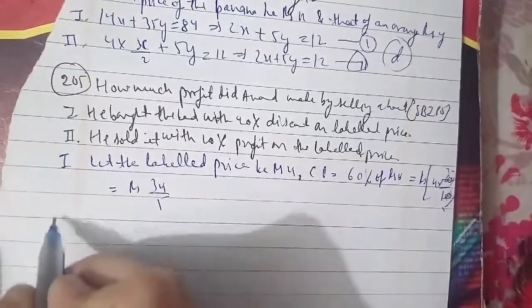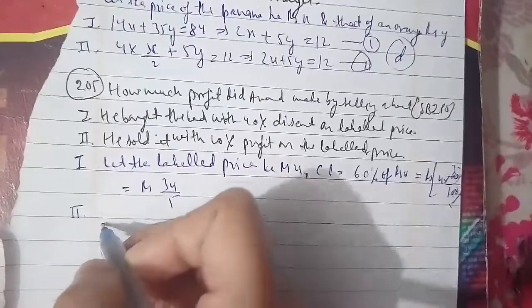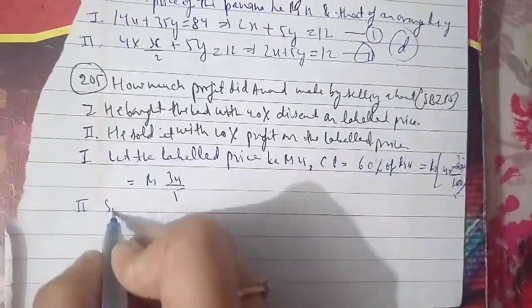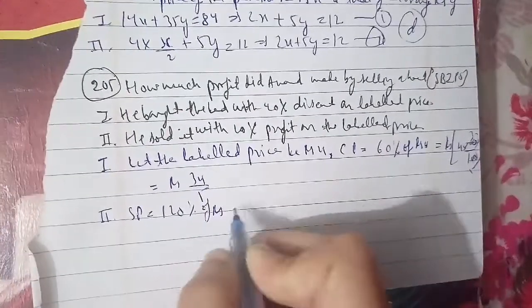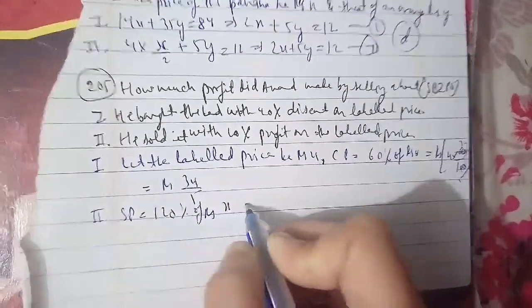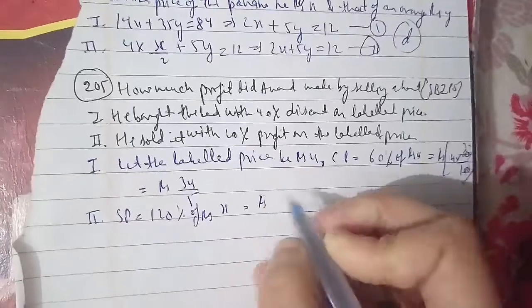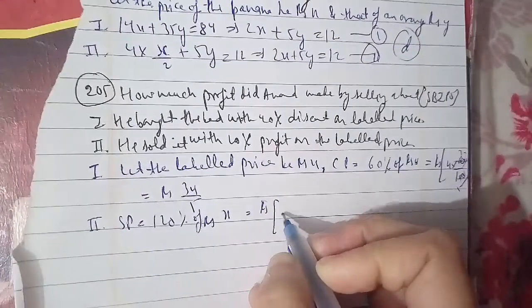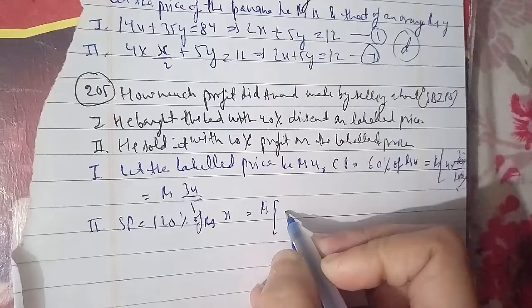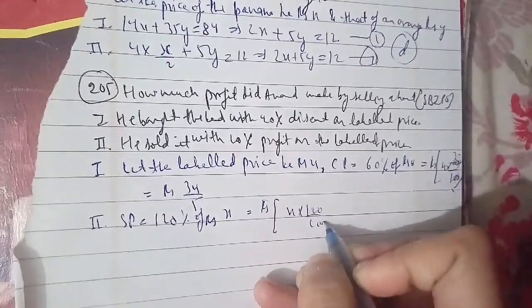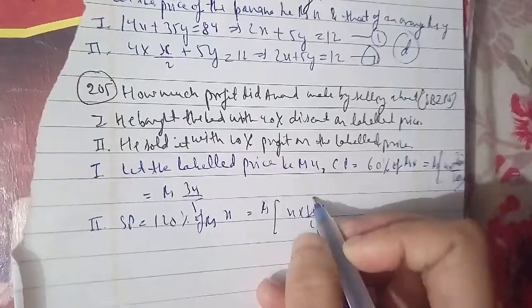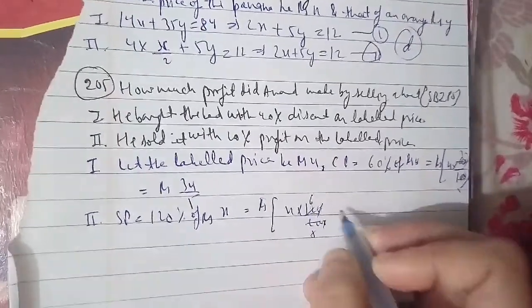So according to the second statement, selling price equals to 120% of rupees X. It is equals to rupees X into 120 upon 100. 0 being cancelled by 0. 2 6s are 12, 2 5s are 10.